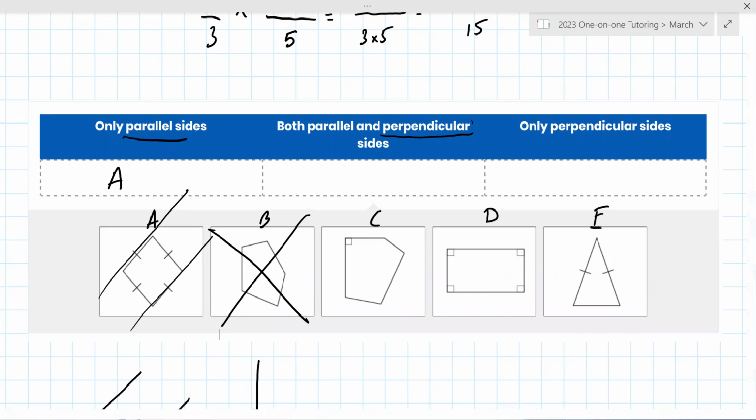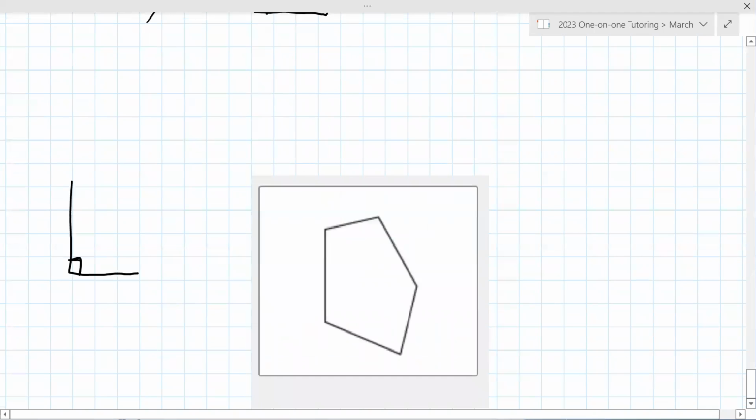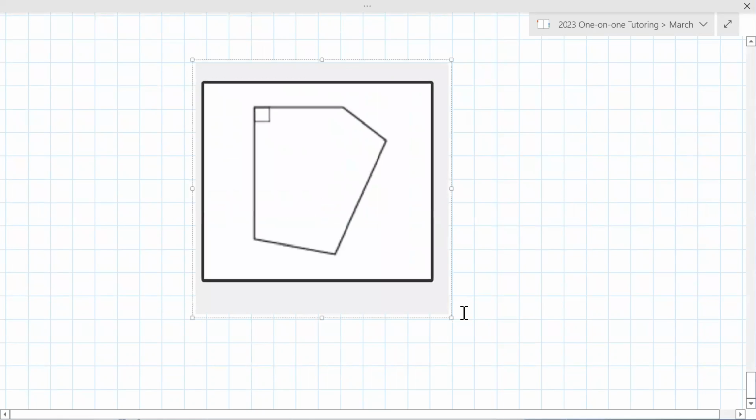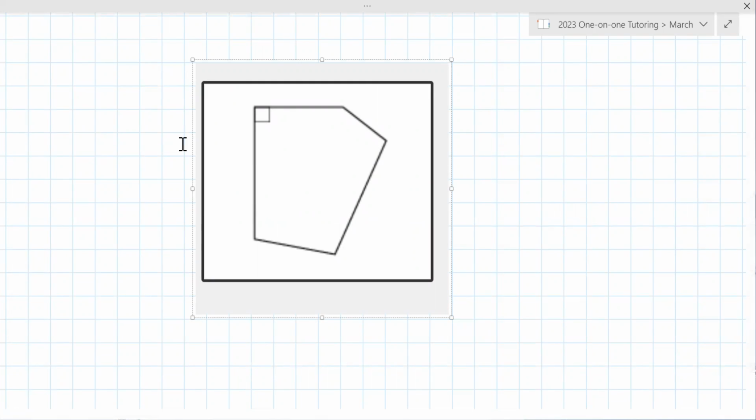All right. So now let's look at C. Do you see any parallel lines? No. Yeah, I would agree. There's no parallel lines here.